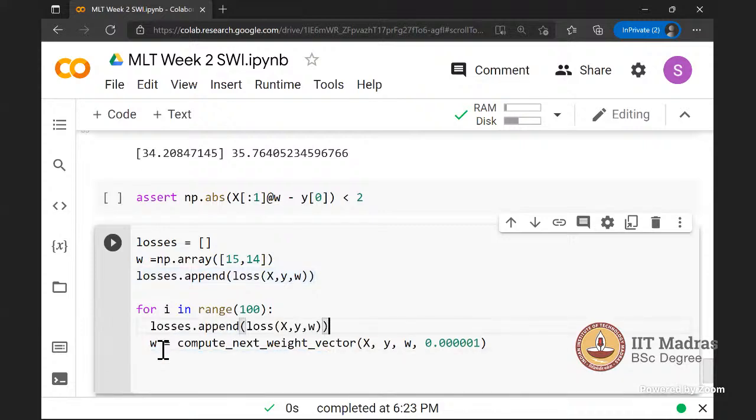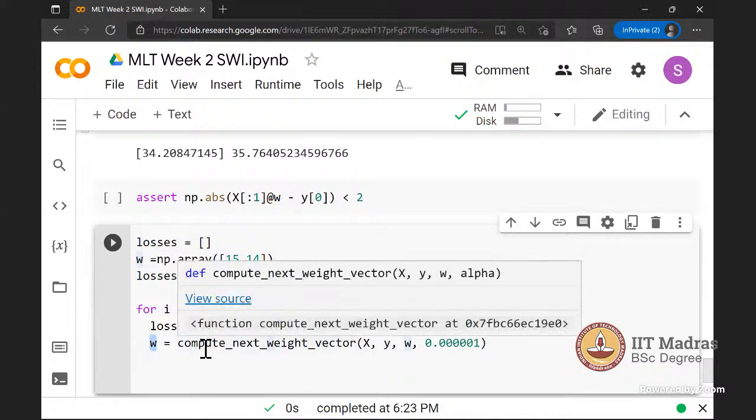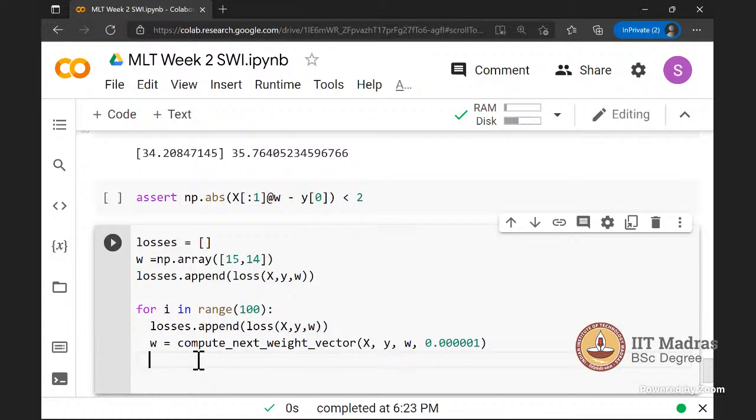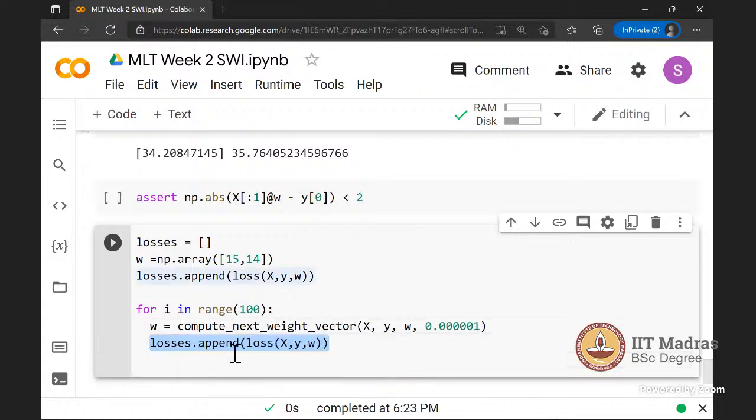So that means for the last weight vector that I'm calculating, I'm not computing the loss, right? For the last weight vector, whatever you are returning. Yeah, that's correct. I think the losses dot append should be at the end. Yes, something like this.